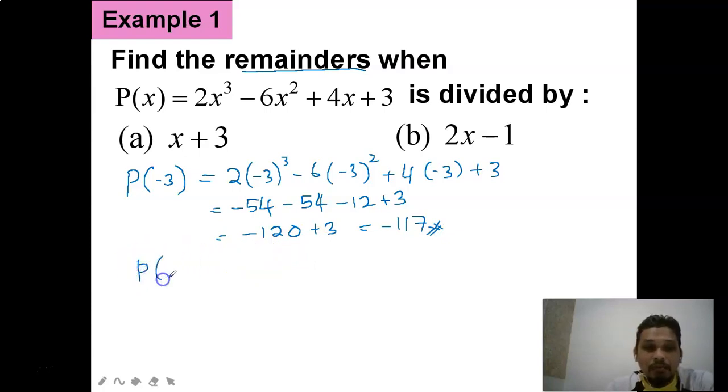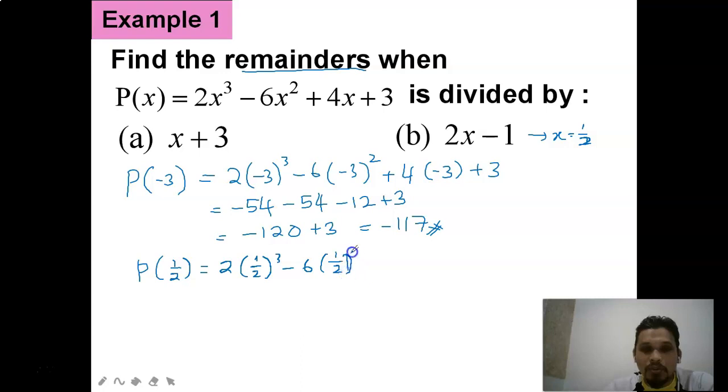And for the polynomial when x equals 1 over 2, we substitute into 2 times 1 over 2 cubed minus 6 times 1 over 2 squared plus 4 times 1 over 2 plus 3.